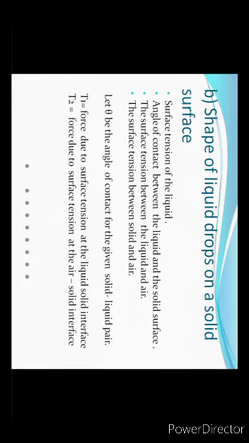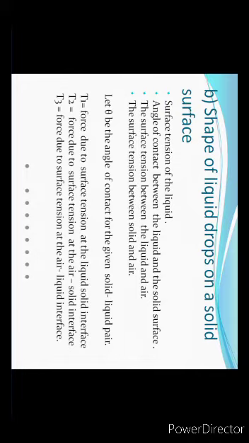Then T2 is the surface tension between solid and air interface, that is floor and air. T3 is a force due to air and liquid, that is water and air. So you have three forces: T1, T2 and T3.